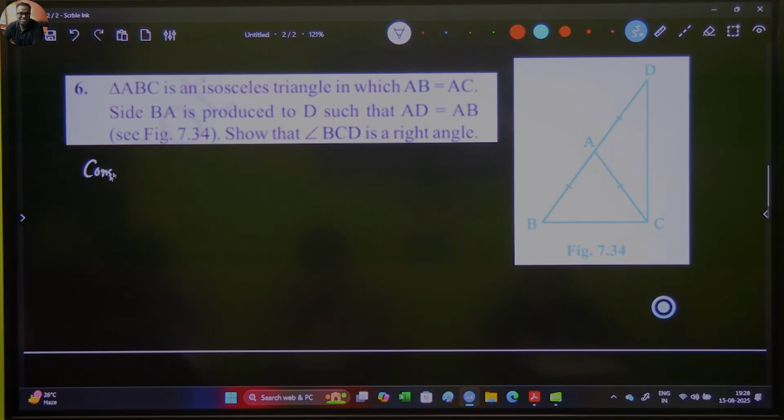So consider, आप अपनी तरह करो. Triangle ABC and triangle ACD, both of which are isosceles.